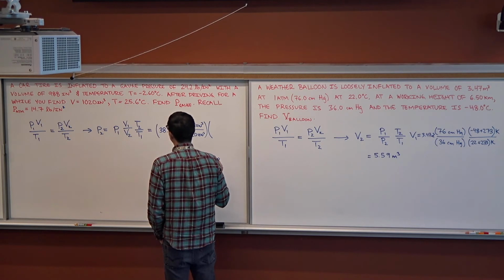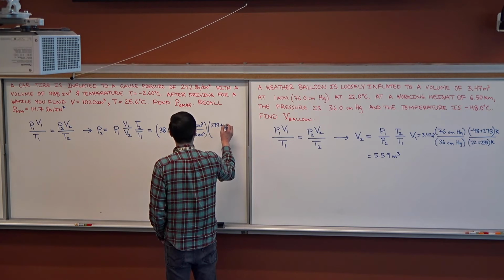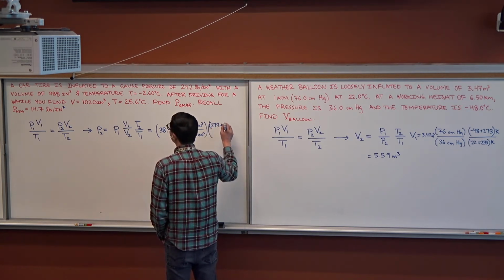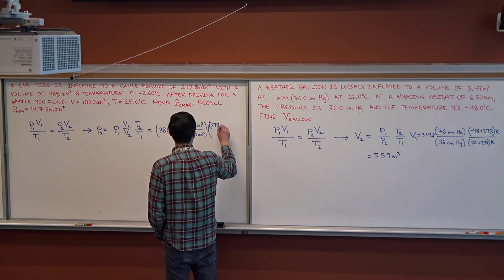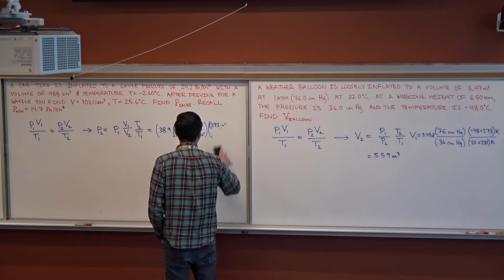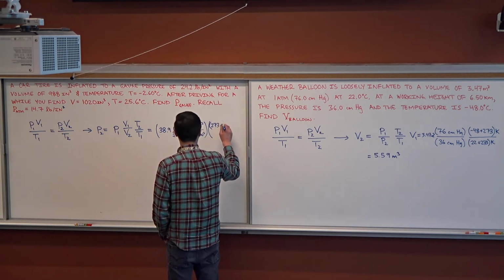T1 is 273 minus 2.6 degrees, and we turn that into Kelvin. T2 is 273 plus 25.6 Kelvin. See, it takes so little to fluster me.